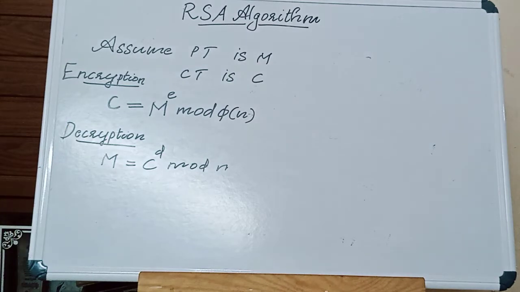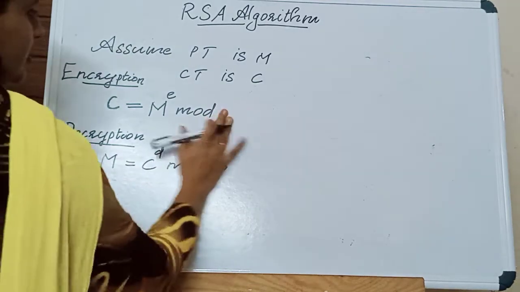Here assume plain text is m, ciphertext is C, and the modulus is n.